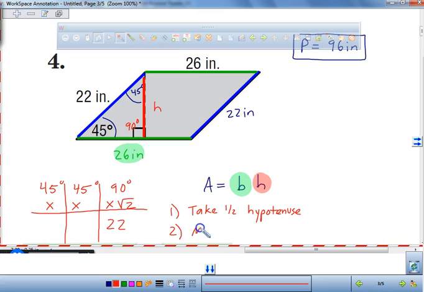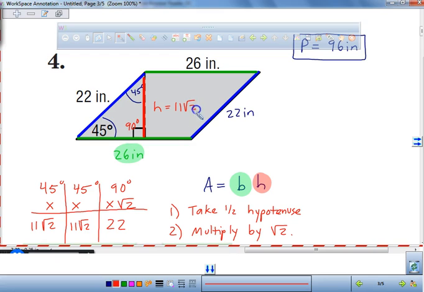Step 2: multiply that answer by a radical 2. What's half your hypotenuse? 11. Take that answer and multiply it by a radical 2. That's the length of your height.